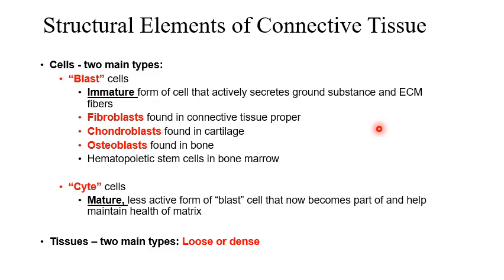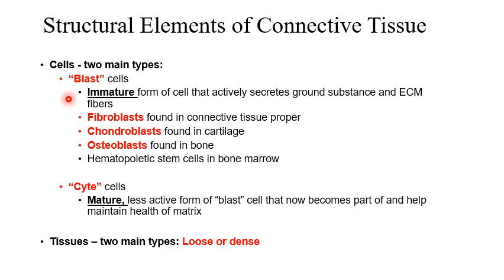So, what is making up those tissues, right? You have cells, different cell types, and two types that I want you to keep in mind are your blasts and your cytes. Blasts come before the cytes. Blasts are less developed than your cytes, which are more defined or differentiated.